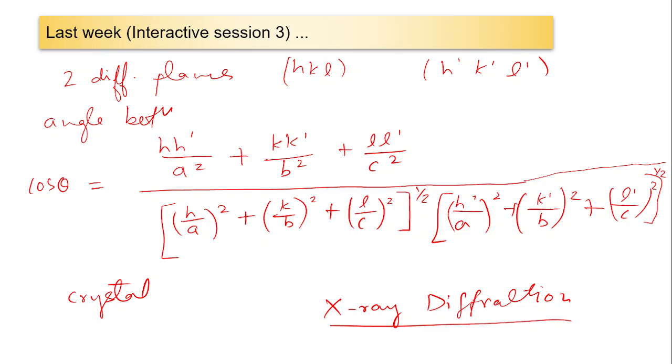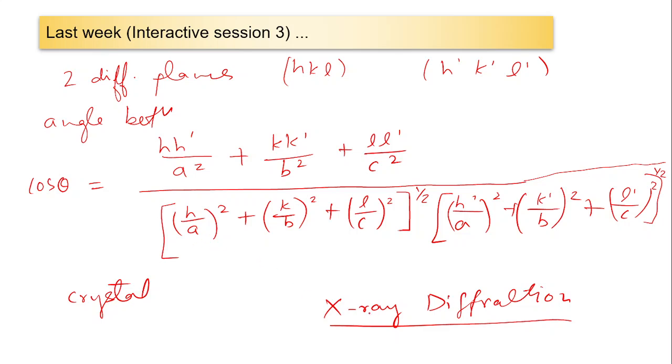So we'll talk about how it works, what information it gives, and how it's produced also. X-ray is a kind of electromagnetic wave where, like other electromagnetic waves, it has a particular wavelength and frequency associated with it, and it's of course not in the visible light range, otherwise we would have been able to see it.